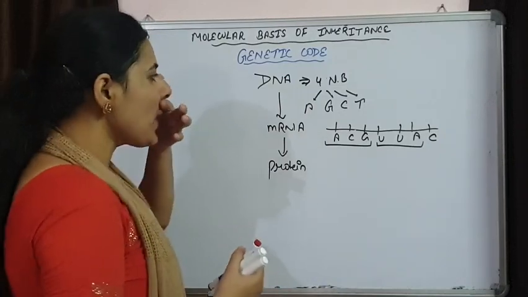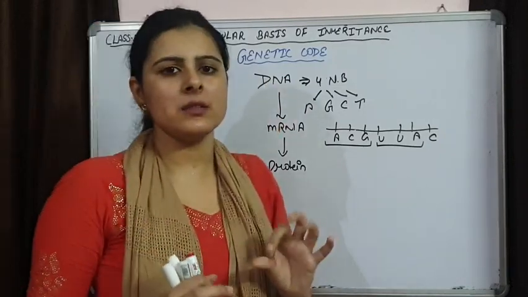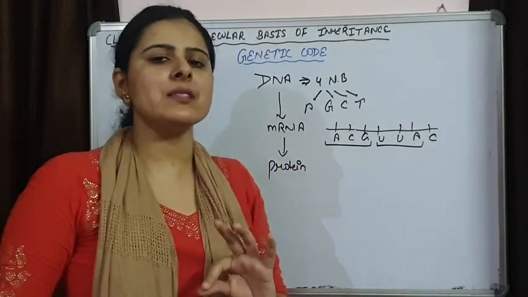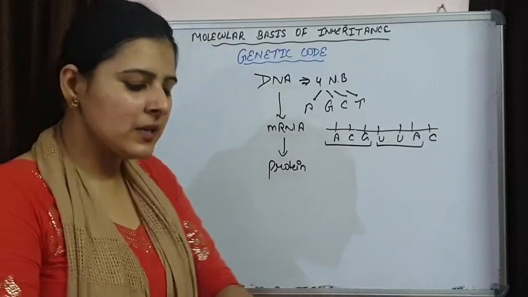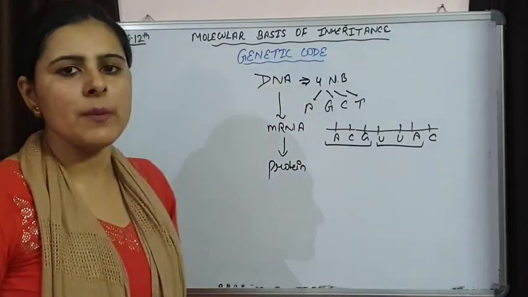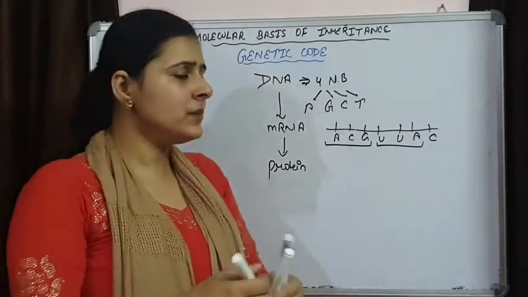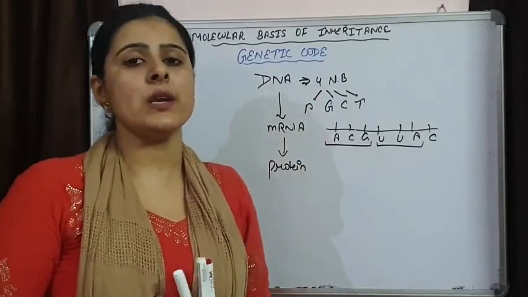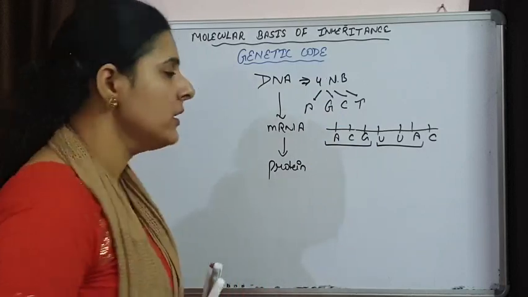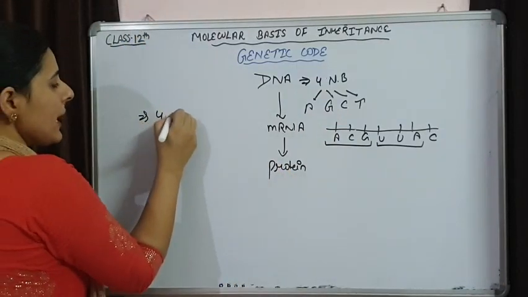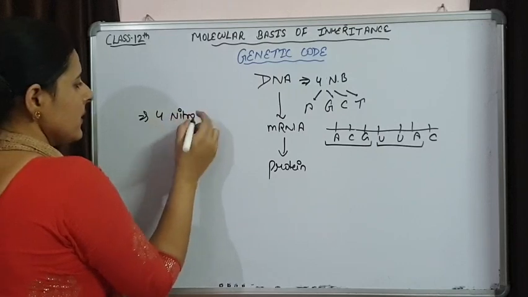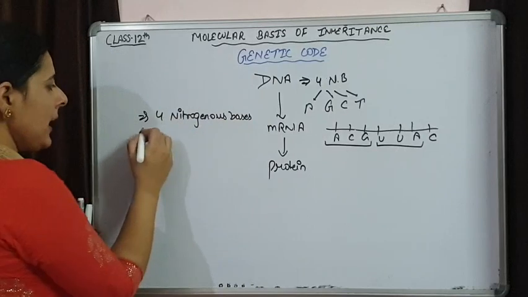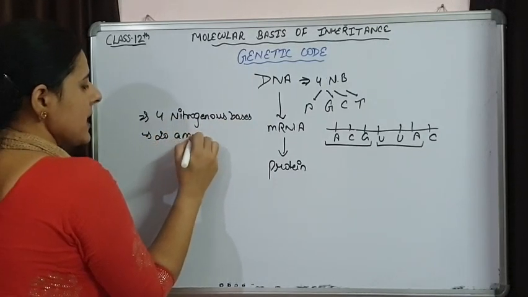Earlier it was not known that 3 nitrogenous bases form one codon. Experimentally scientists have proved this. But when this was not known, if we compare the number of nitrogenous bases and the amino acids present in the cell, there are 4 nitrogenous bases and 20 amino acids.